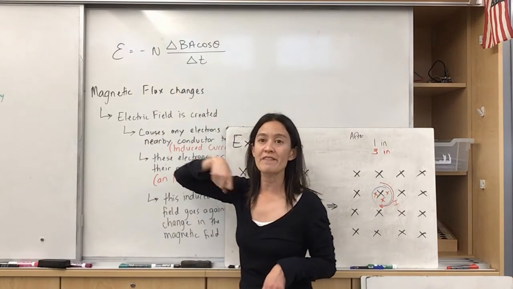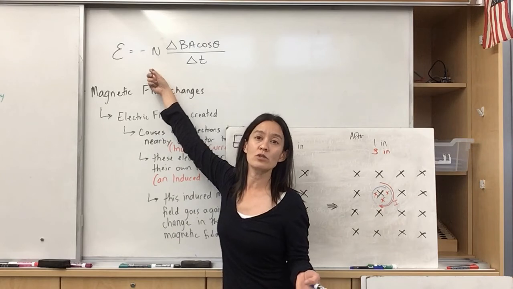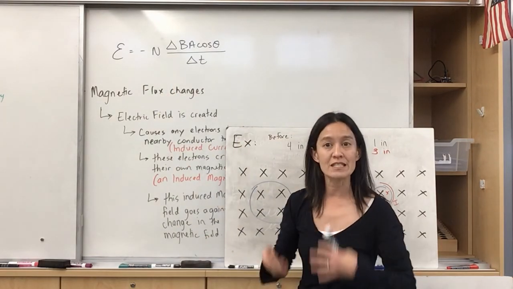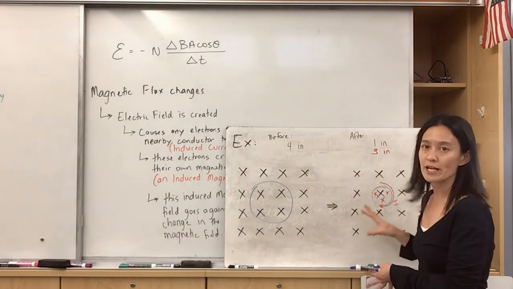If your induced EMF is negative, that means you're going to create a new magnetic field that is going to go against the original. And when we do mathematical examples, we'll see that play out, and hopefully that'll make it a little bit more concrete with the conceptual aspect of Lenz's law.